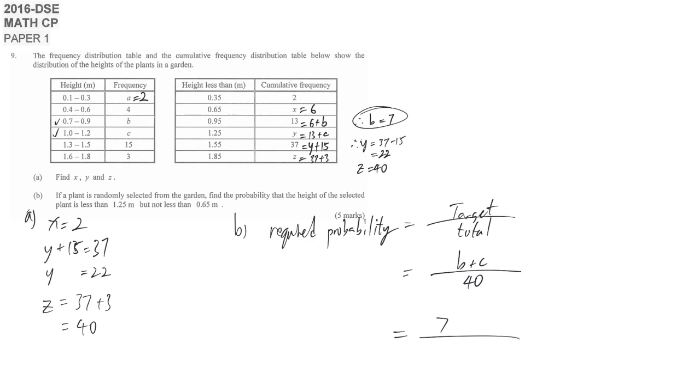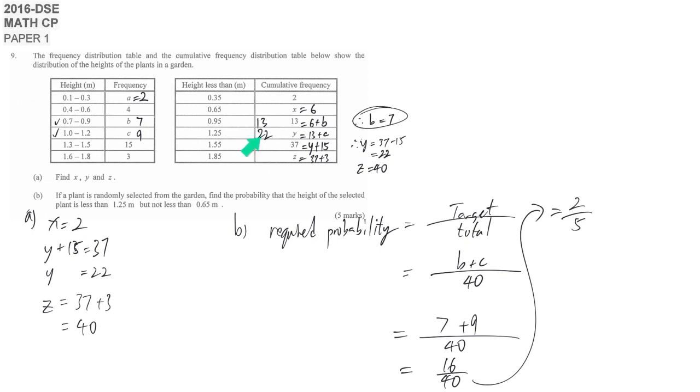And then we also need to find C. Y is 22, don't forget it, this is 13. So 13 plus how many will give you 22, which is 9. So this section is 9. So we get 16/40. Then we simplify our answer, which gives us 2/5. Or you may write 0.4.